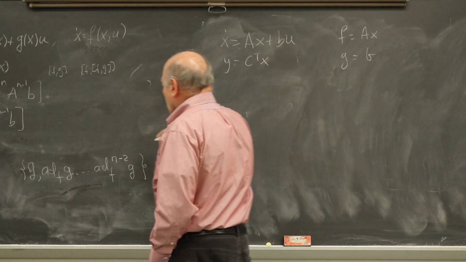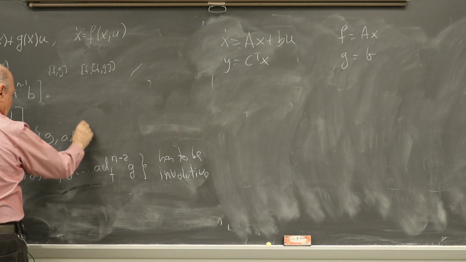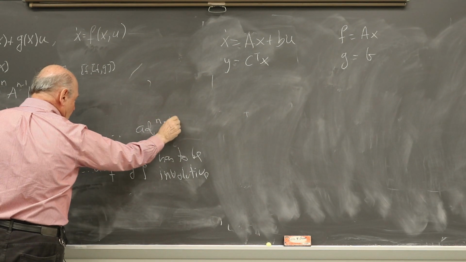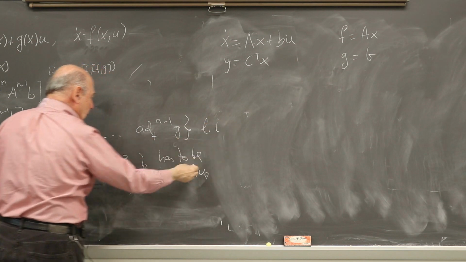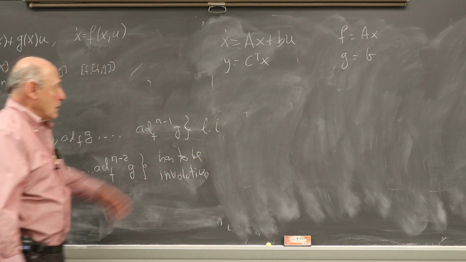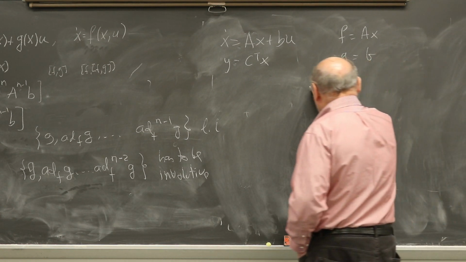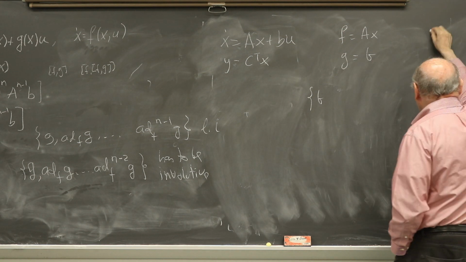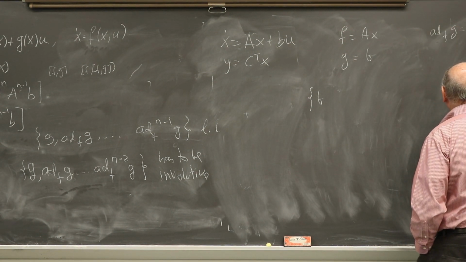First of all, the distribution G, ad_F G, all the way up to ad_F^(n-1) G has to be linearly independent, and this has to be involutive. So what does it mean? What are the elements of that distribution? Well, G is just B. Now we have to compute ad_F G. ad_F G is just the Lie bracket of F and G, right?